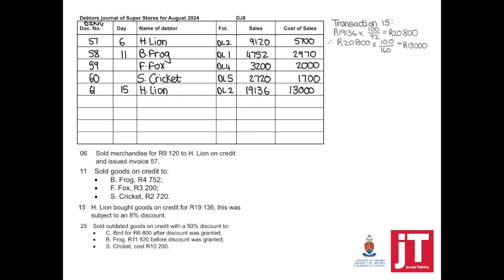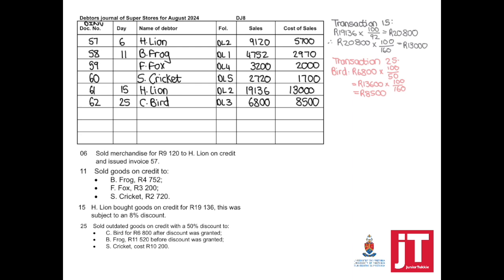Seabird, they said 6,800 after discount was granted. So to find the original selling price, we have to times it by 100 divided by 50, so that we can calculate the cost of sales. This is very important to understand.